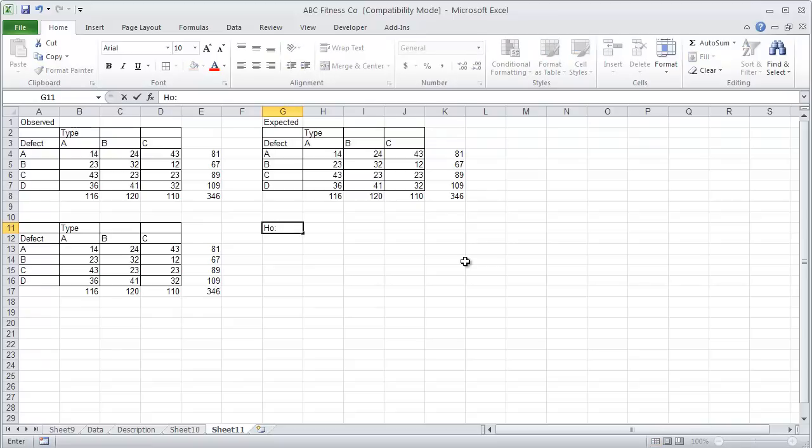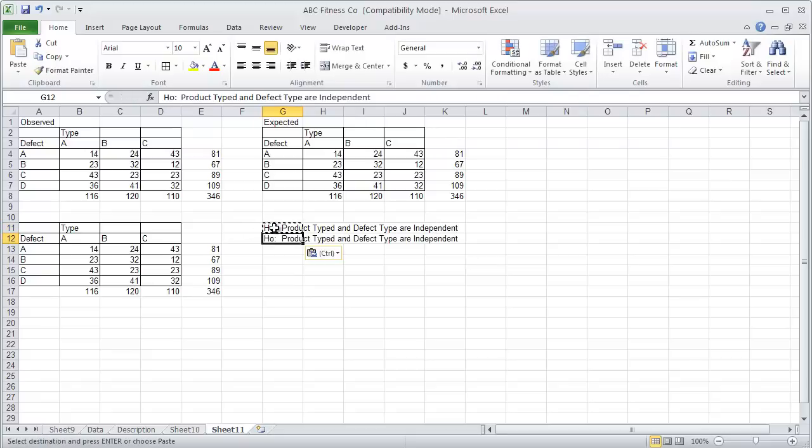So H sub O on this one is that product type and defect are independent. So we're going to do H sub A. Opposite of independent is dependent, so let's go there with it.